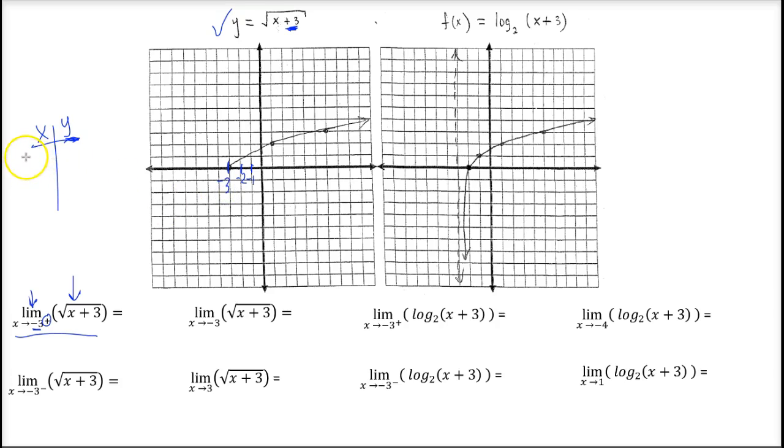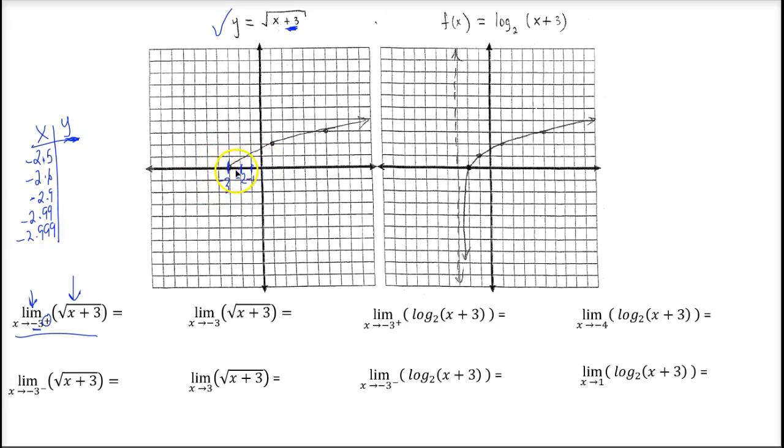So we're looking to say, hey, what happens when x is -2.5, and then -2.6, and then -2.9, and then -2.99, and then -2.9999. So we're saying, hey, as the x values get closer and closer to -3 from this standpoint, what are the y values then?